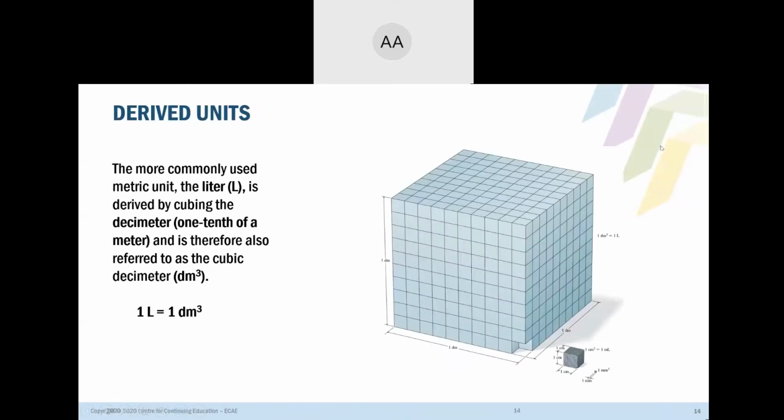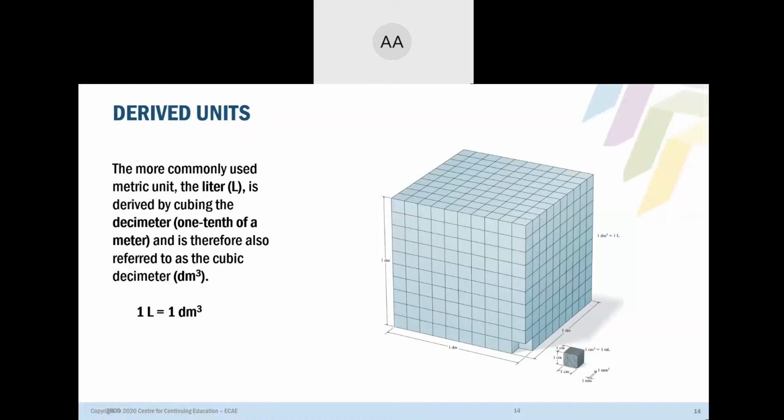So, derived units. Let's have a think about the visual side of things. So, the more commonly used metric unit, the litre, is derived by cubing the decimeter.